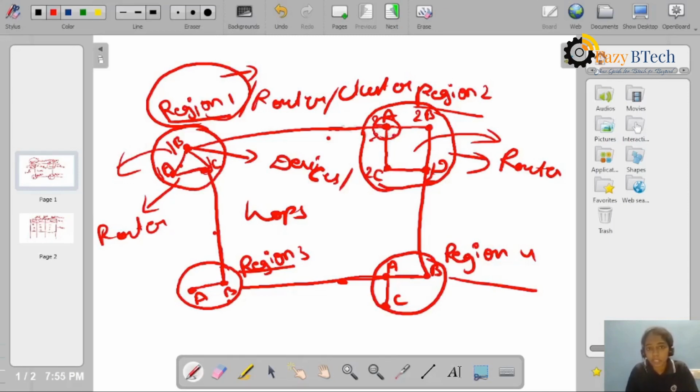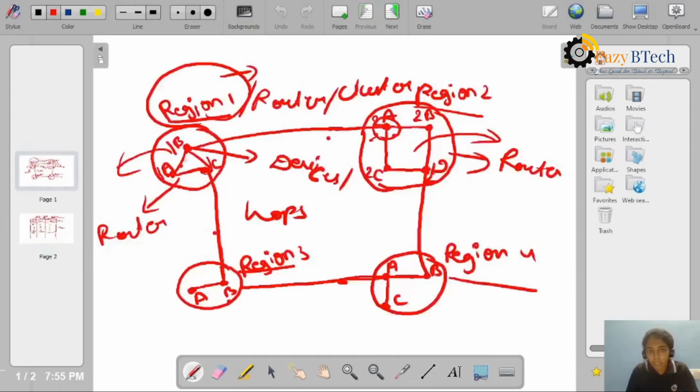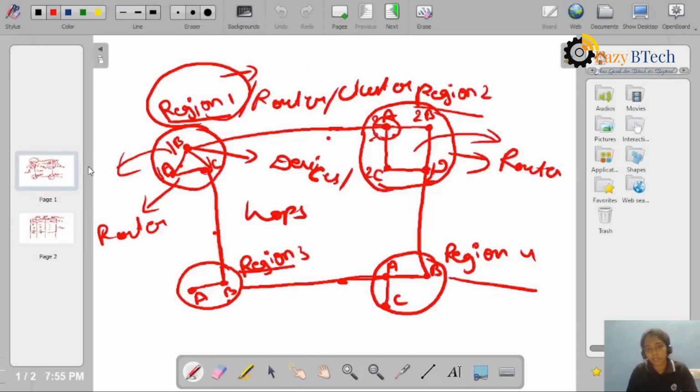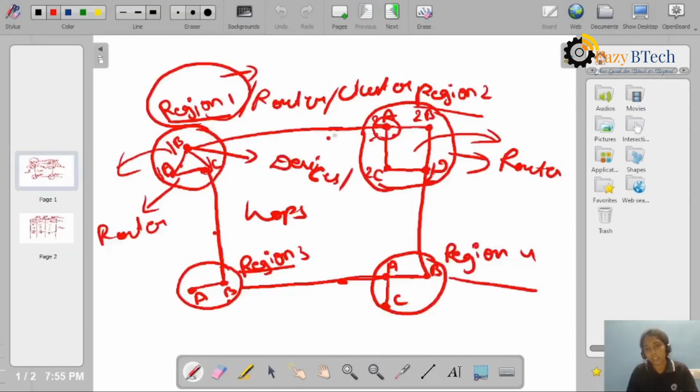It is interlinked by 1B, so write 1B. How many nodes are connected? 2 nodes are connected from 2A.